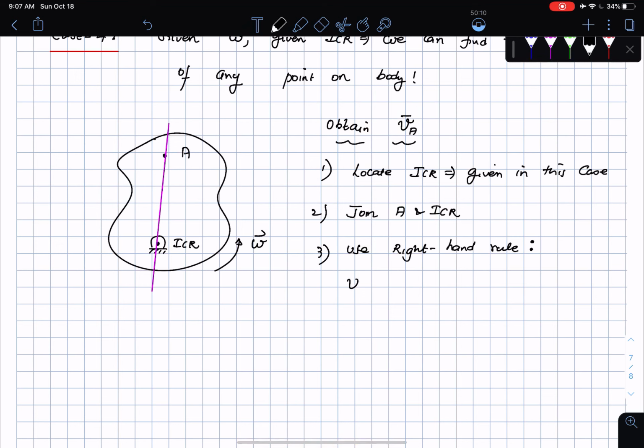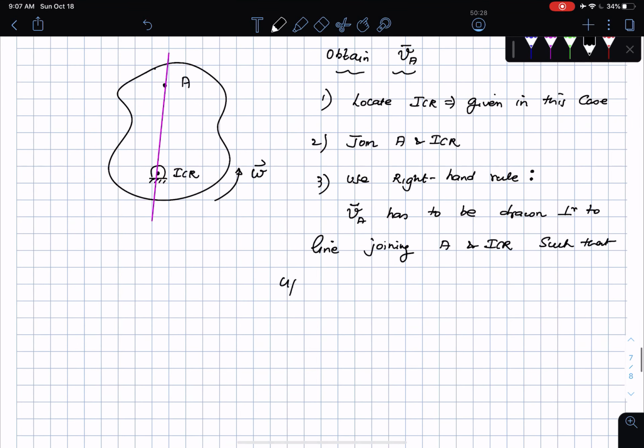So velocity VA has to be drawn perpendicular to the line joining A and ICR such that upon using the right hand rule, I get the same sense as the given omega.